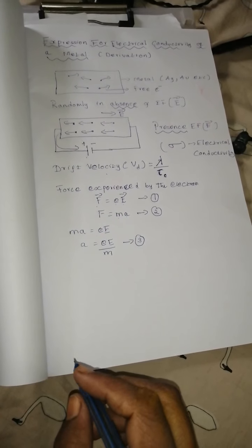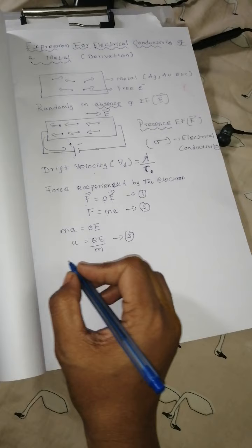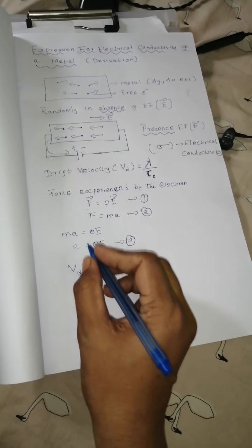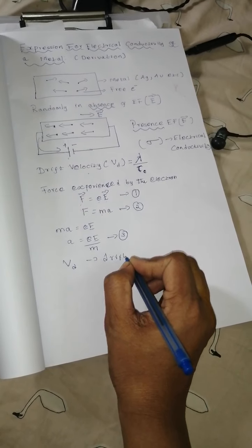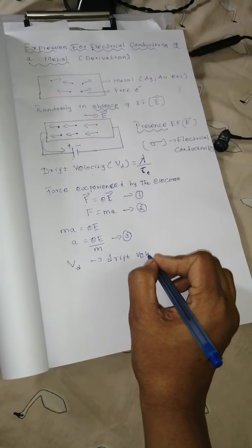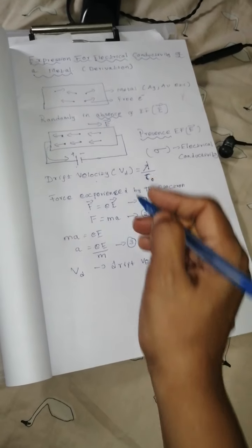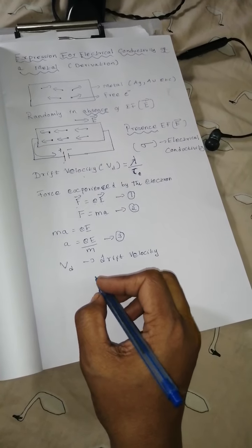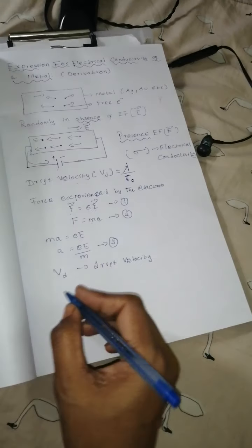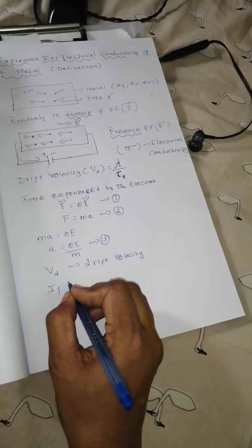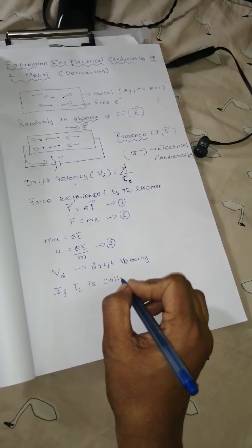In the presence of electric field, the drift velocity is Vd, from the formula Vd is equal to lambda by tau c, where tau c is the collision time.